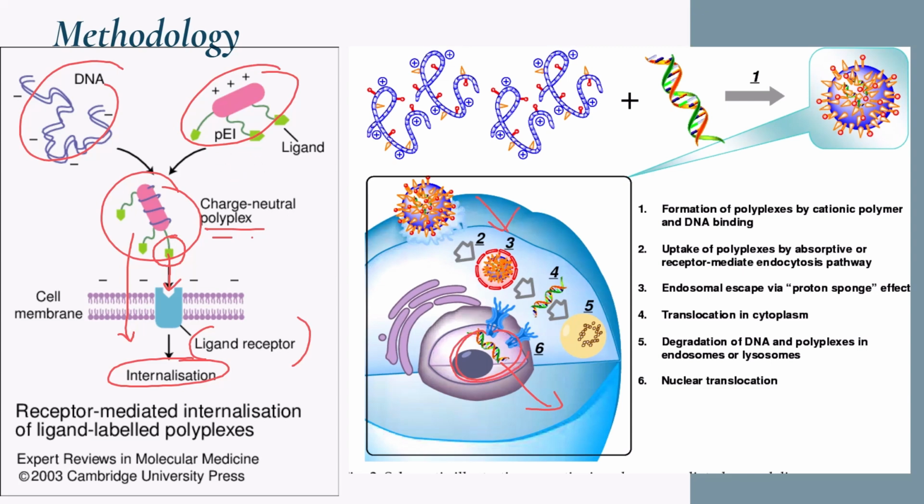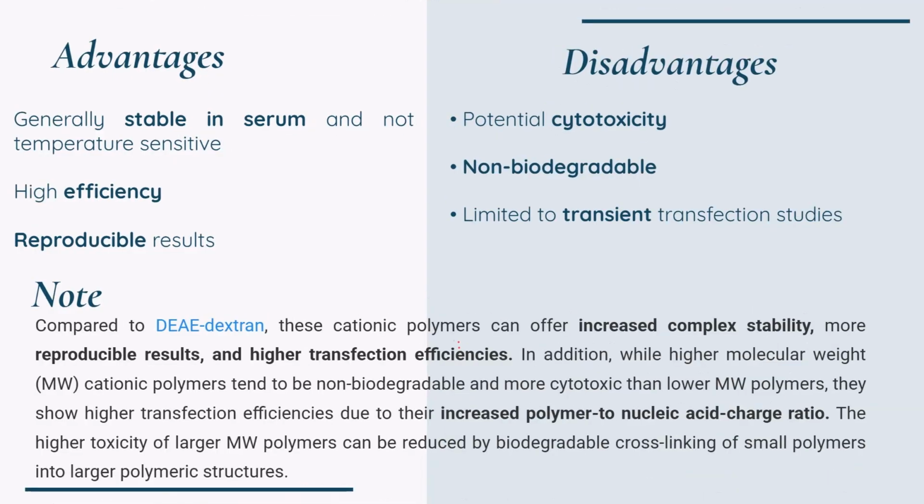This incorporation may not occur in the cationic transfection method. The advantages include that they are generally stable in serum, are not temperature sensitive, and give highly efficient, reproducible results. Disadvantages include potential cytotoxicity, non-biodegradability, and being limited to transient transfection studies.